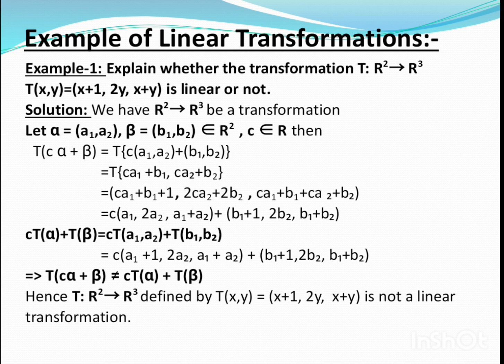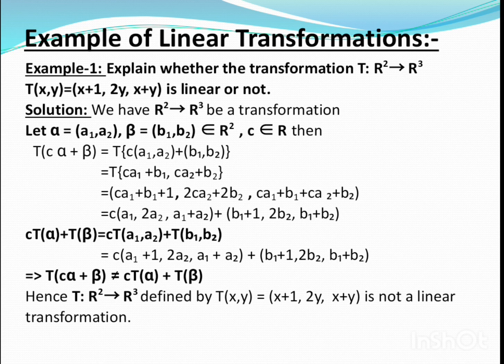Just put the values of alpha and beta. Now opening the bracket, we get T of c a1 plus b1 comma c a2 plus b2.